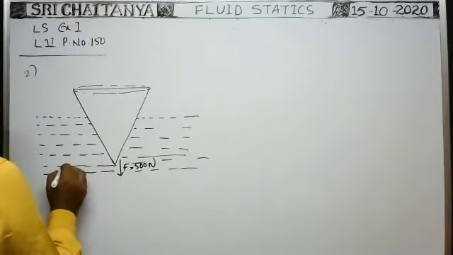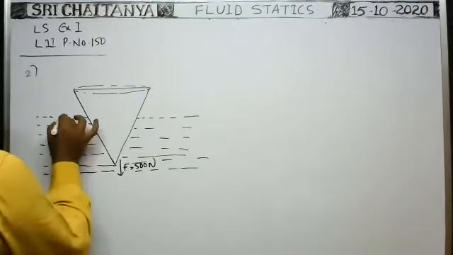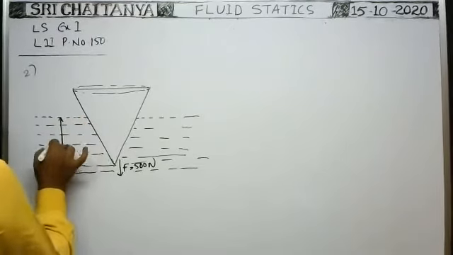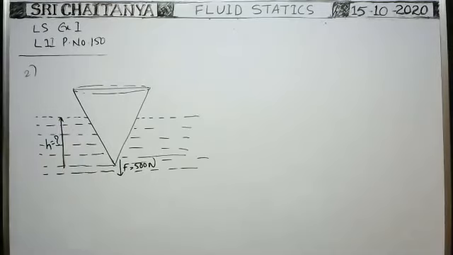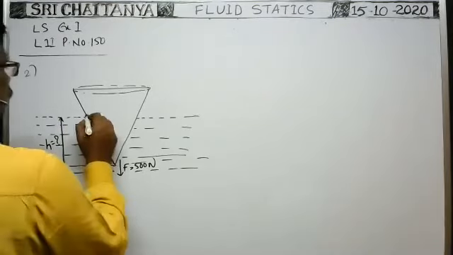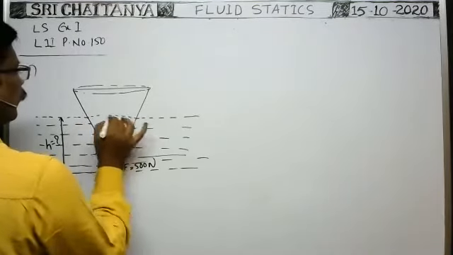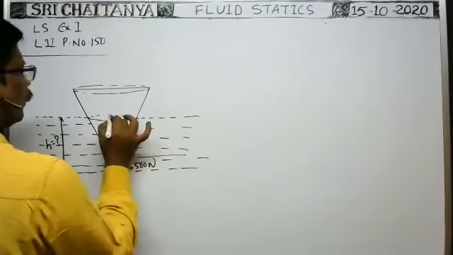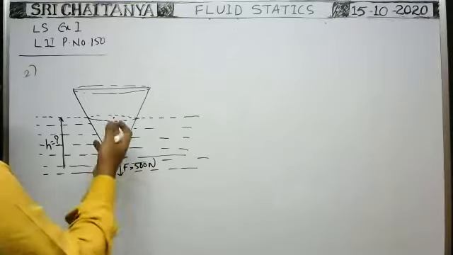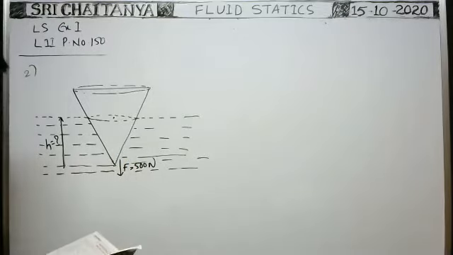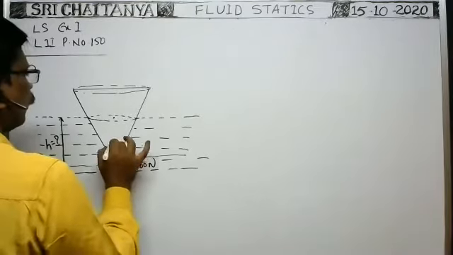Suppose the cone is submerged up to a depth of small h. How much is that small h? Here, when the cone is submerged, the weight of the cone is negligible because the mass of the cone is not given. This is the axis of the cone.